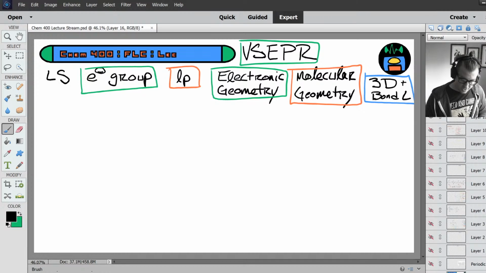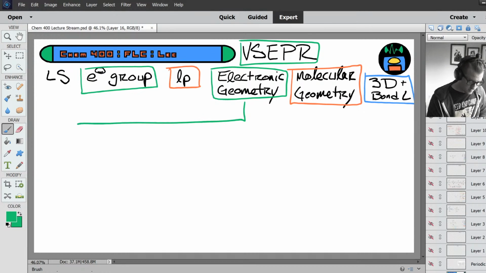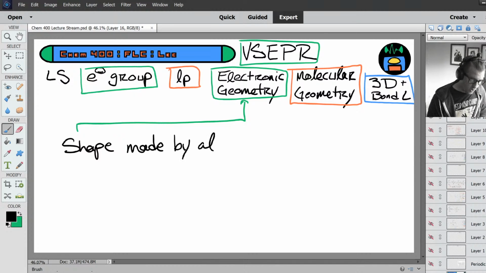Next, for the electronic geometry, we're talking about the shape made by all electron groups around the central atom.